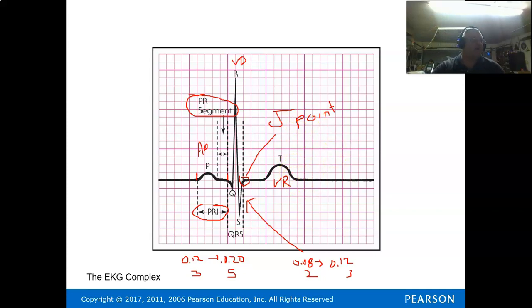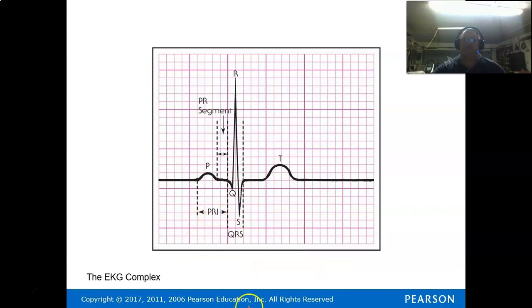Let me erase all the ink on the slide because there's one other part that we've got to talk about with the QRS. The Q wave is always your first negative deflection. Okay? R wave is going to be when it goes above the isoelectric line.